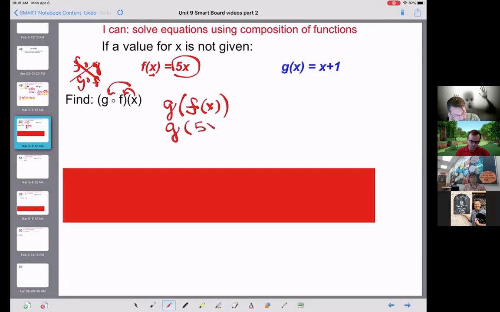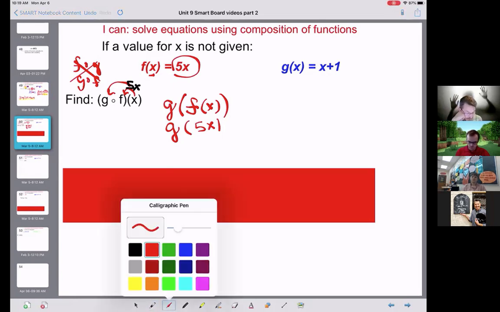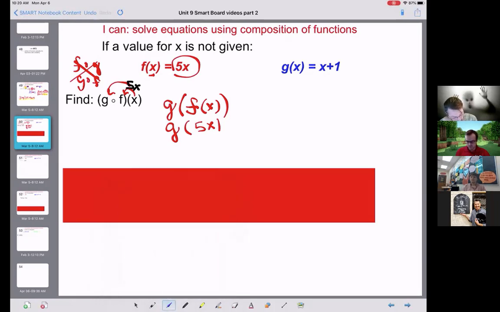It equals 5x. So I can go up to the top of the board here and go, I know that f of x equals 5x. And now I'm going to take that 5x and input it into the g function. And the g function is x plus 1. So I'm going to go g of 5x.